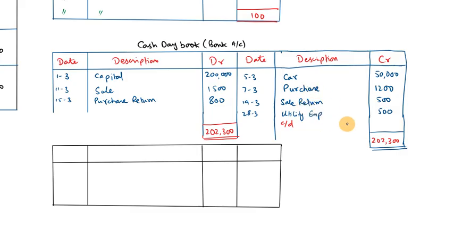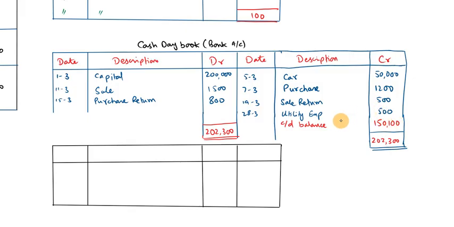Carried on balance is the closing balance. So the closing balance of the cash day book will be, how can we calculate this? This is the carried on balance. From 202,300, we subtract 50,000, 1,200 and 500, again 500, and the answer will be 150,100.